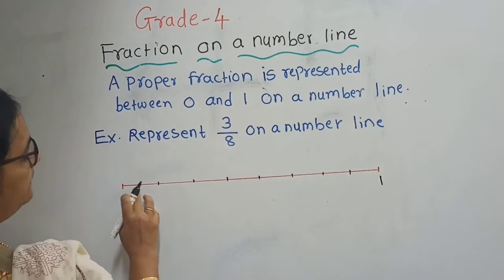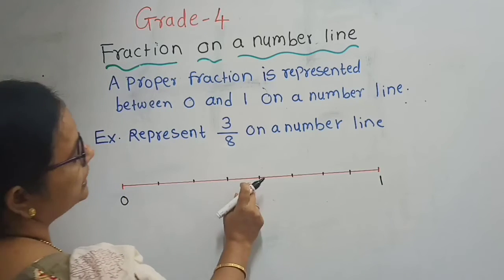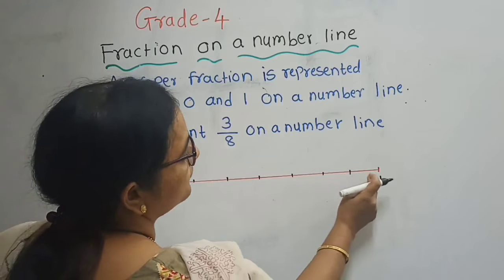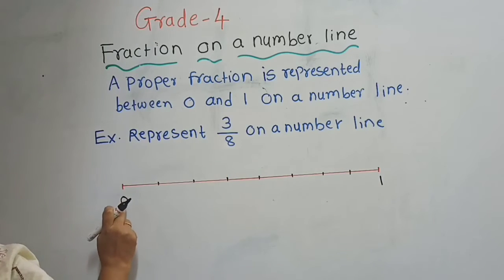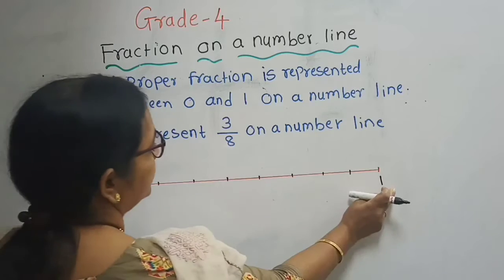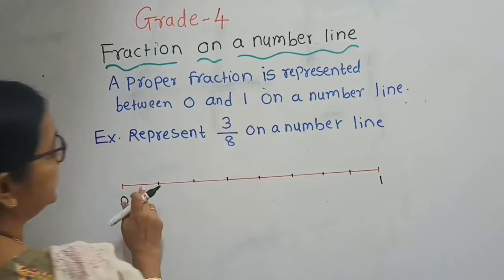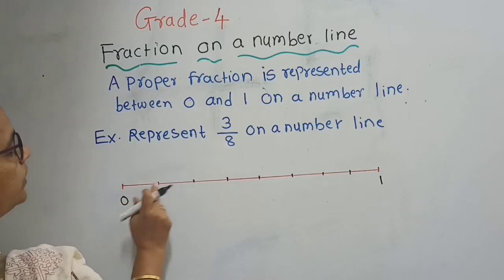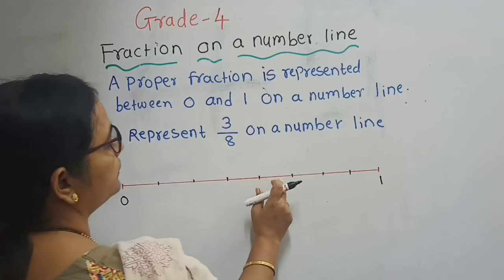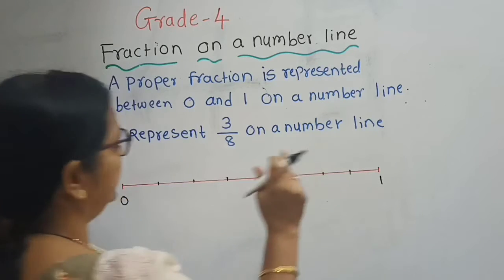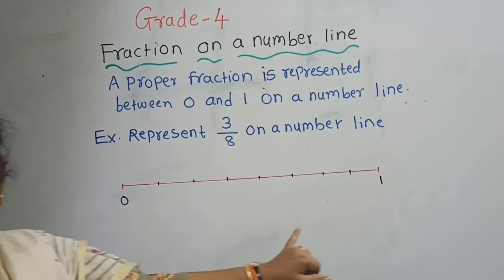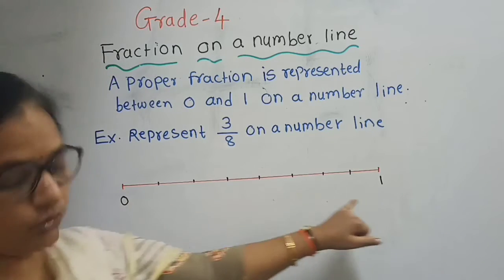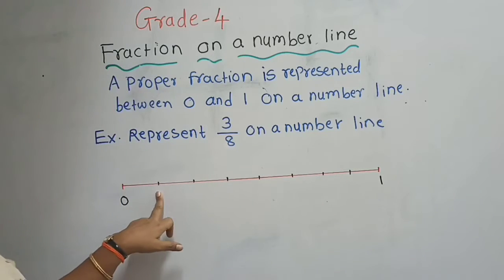How many parts? 1, 2, 3, 4, 5, 6, 7, 8. The denominator is 8, so we have to divide this number line from 0 to 1 into 8 parts. Understand? Now we divide this whole between 0 to 1 into 8 equal parts.